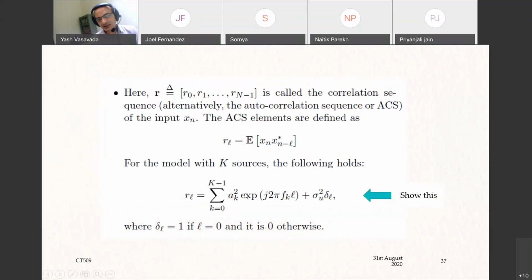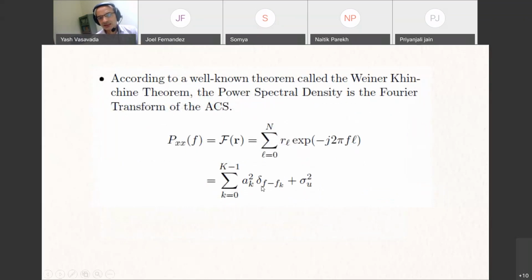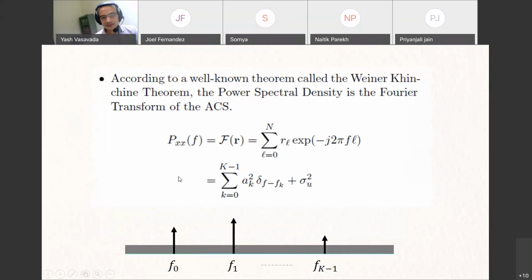It will tell you that the Fourier transformation of an exponential at some frequency f_k is a delta function centered at f_k, which is written like this. So this is the power spectral density. Let us plot it out. This is how it looks if I plot it.